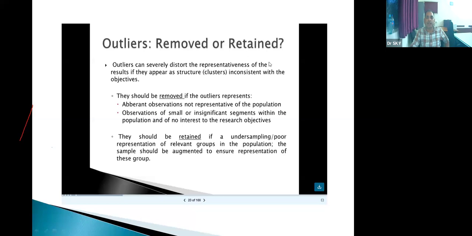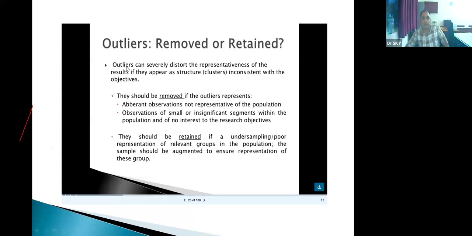So outliers are removed or retained on the basis of their importance. If it is not important, we may remove it. And if it is important, then we should retain it.